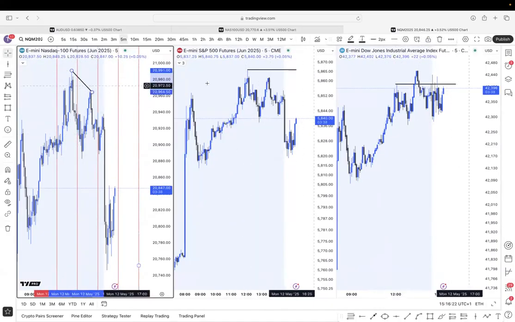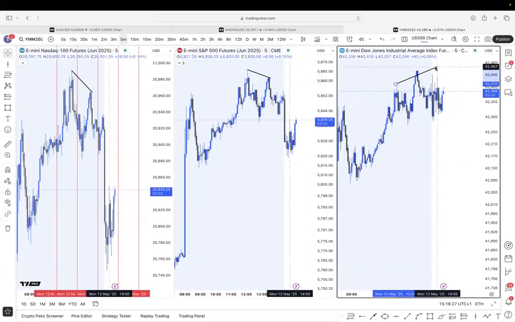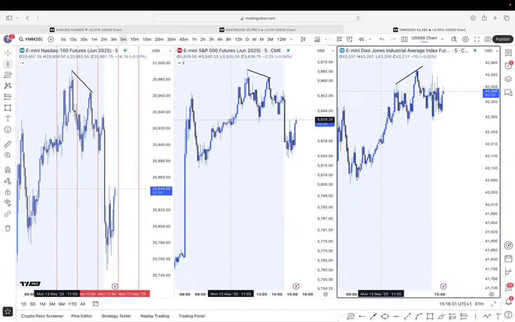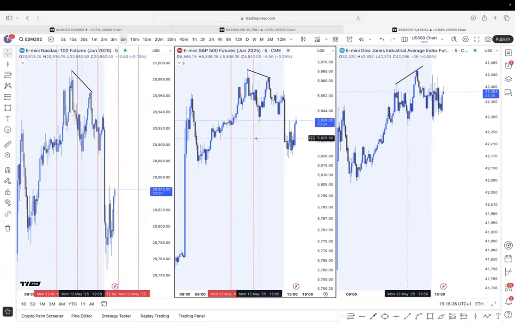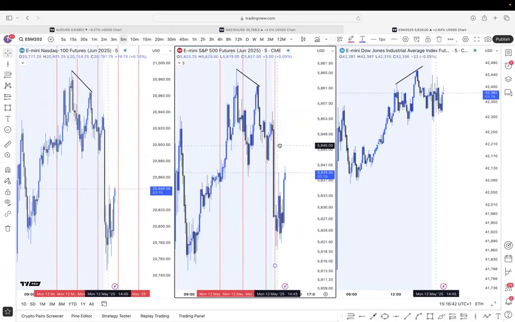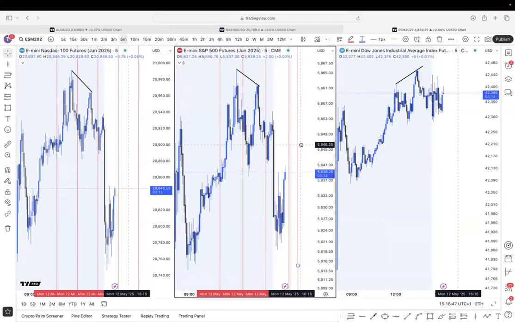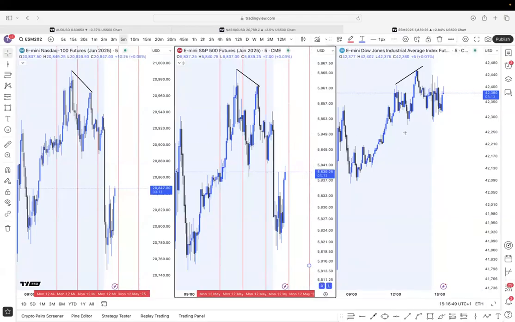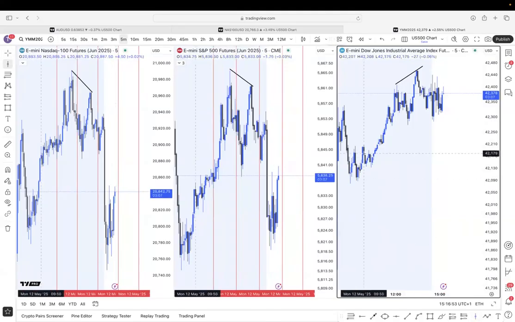You can see very, very clearly that price action has created divergence between consecutive cycles in price. So this could basically be telling us that price action is likely to sell off.